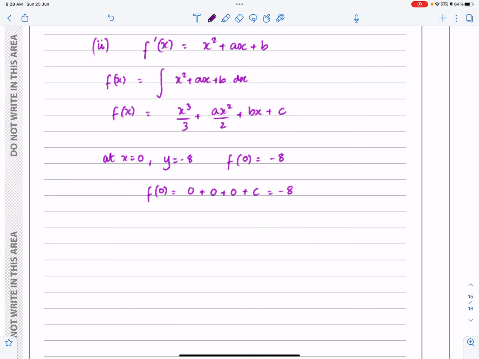So we get c equals -8. So c is equal to -8 is one of the letters that we managed to work out. So my f x now is x cubed over 3 plus ax squared over 2 plus bx minus 8, because we've worked out what that bit is.